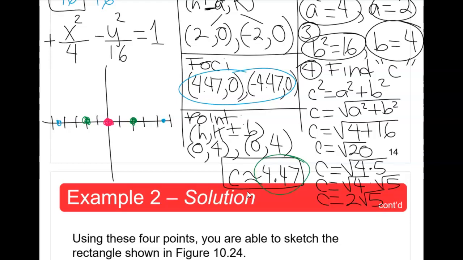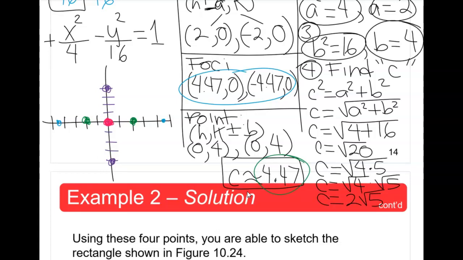So those points, let's put them over here. Here. And here.